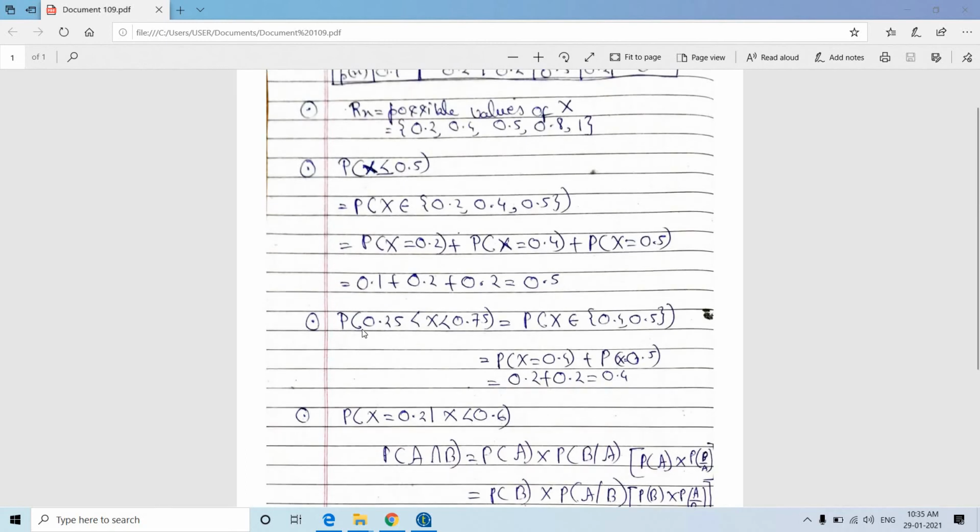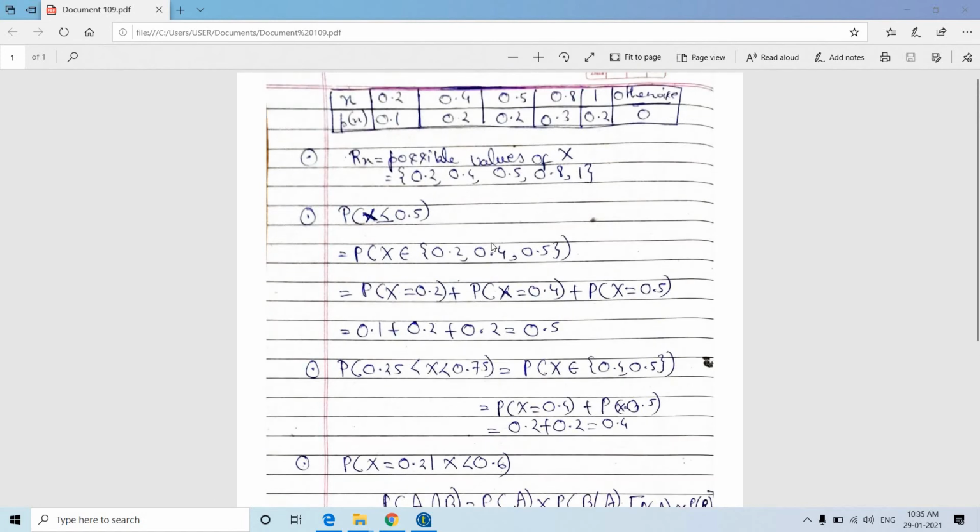Then here, the probability that x, the outcome of the random experiment, should lie in the range 0.25 to 0.75. How can we do this? Just find the values which might come in this range. 0.2 is less than 0.25, so it will not come. 0.4 is in between 0.25 and 0.75, so 0.4 will appear. 0.5, yes, it will appear. 0.8, no, it is greater than 0.75, so it will not appear.